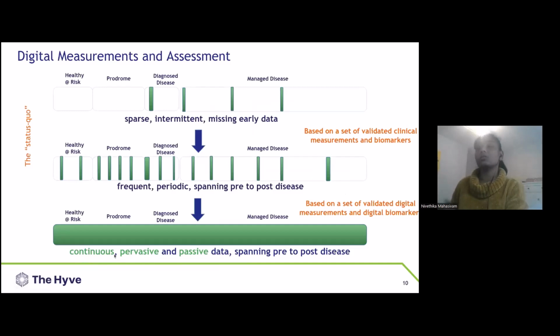That means that you have complete, continuous insights into patients' lives and their health measurements, from pre- to post-disease stages. And with that, you can assess a disease based on validated digital measurements and digital biomarkers.